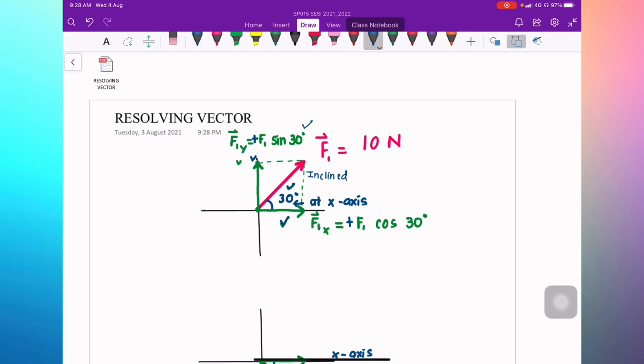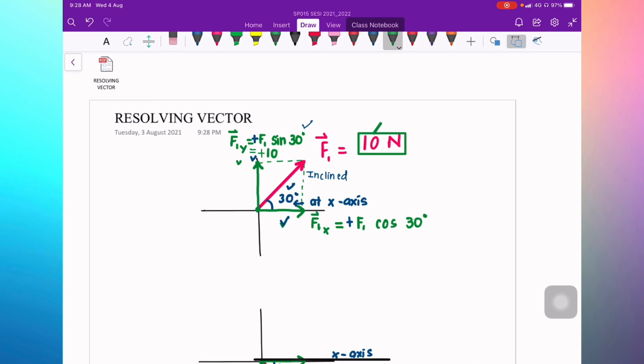Next, if you want to substitute directly, you can write positive F1, where the magnitude is 10. Actually, refer to this example: the magnitude is 10 Newton.